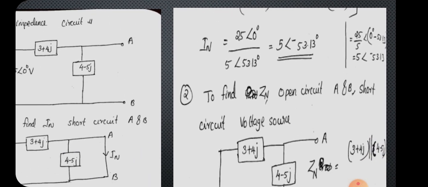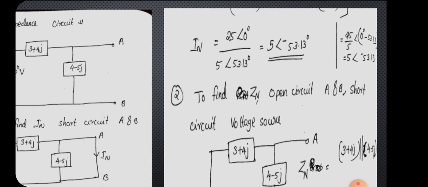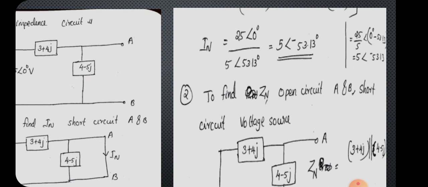On the right side I have written the method that I have used: 25 divided by 5, and the angles will be subtracted from each other. So we will get this value, and you can use a calculator to solve this, or simply do it by direct calculation. And in the first step we found IN.